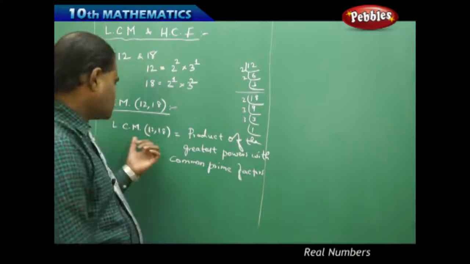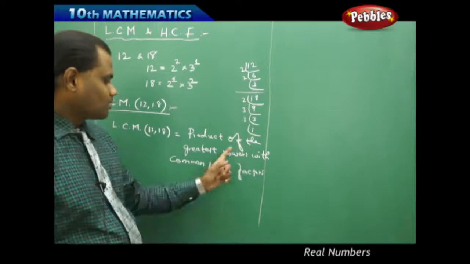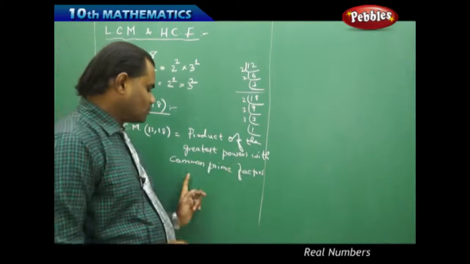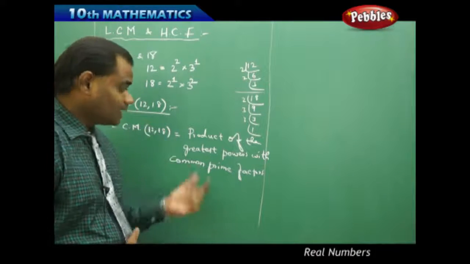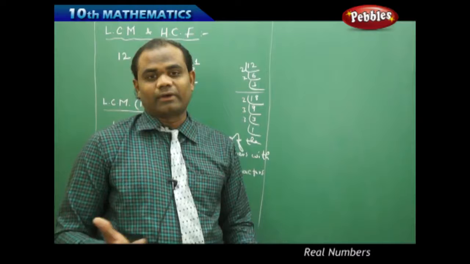LCM of two numbers is defined as the product of the greatest powers with common prime factors. This is how we understand LCM connected with prime factors.